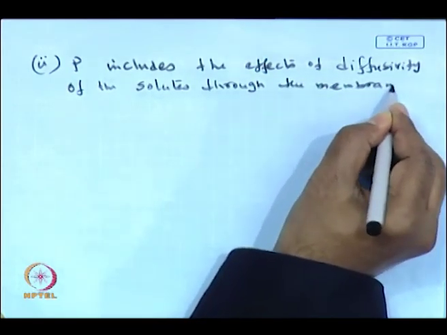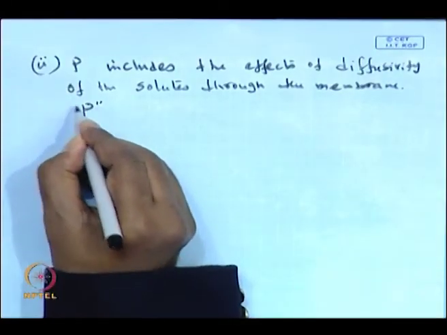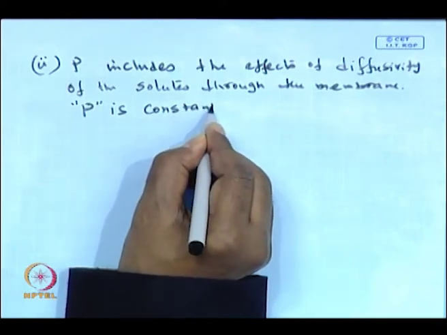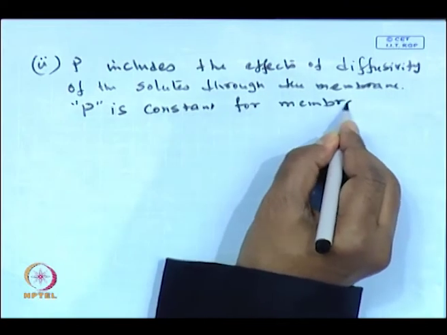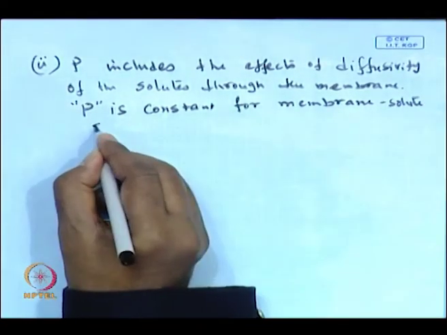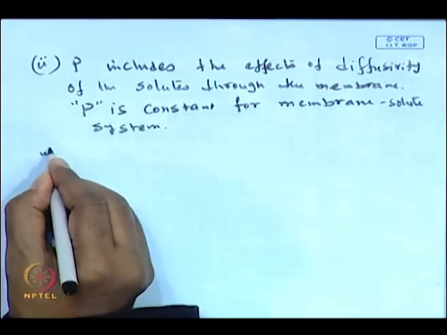That means the term D m by L, we are just coupling into the parameter P, which will be constant for a membrane solute system. That means P is invariant, P is constant for a membrane solute system.